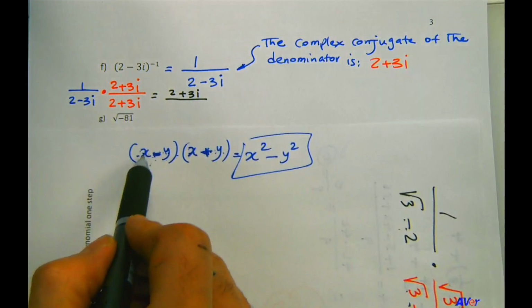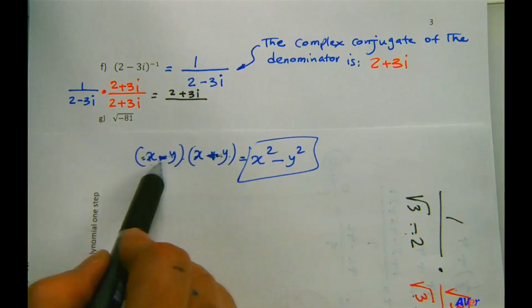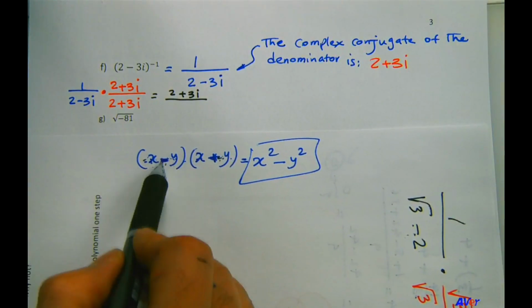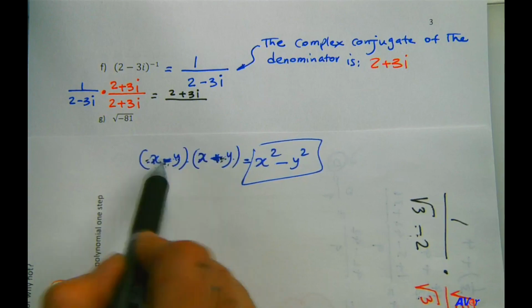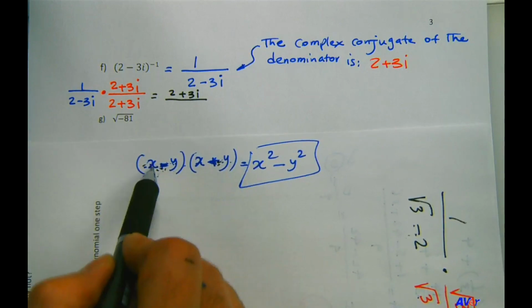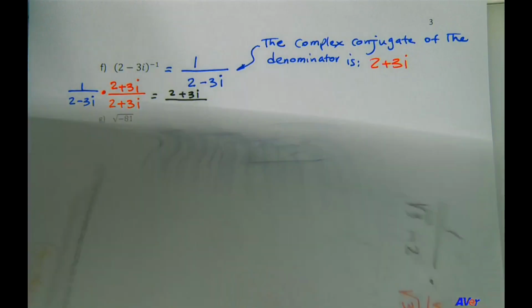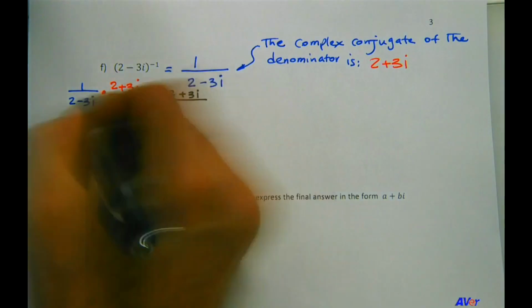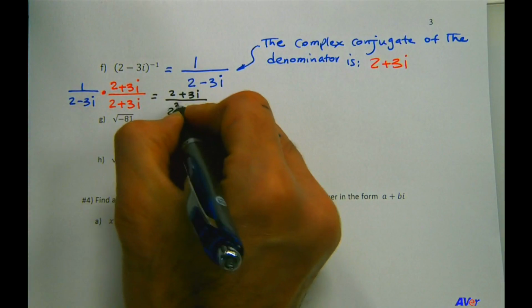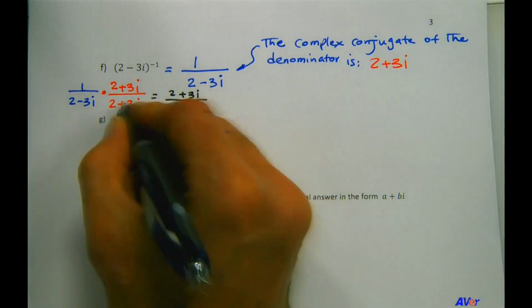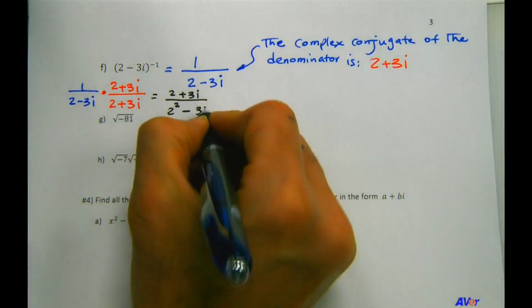If we have identical entities being multiplied with an algebraic sign in the middle being the only difference between them, we end up with x squared minus y squared. Okay? So here, we end up with 2 squared minus 3i squared.